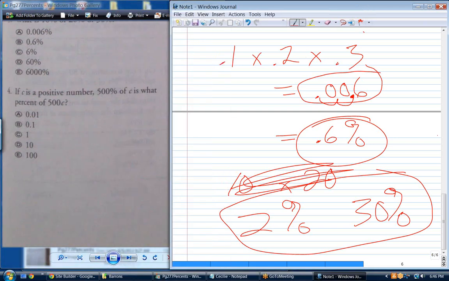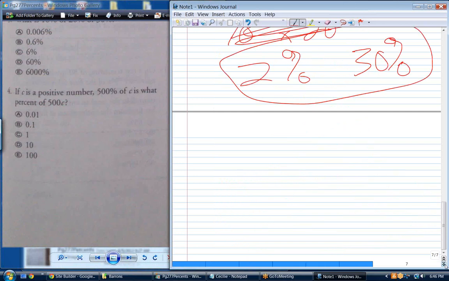Number 4. If C is a positive number, 500% of C is what percent of 5C? Oh, I don't know. Can't you just take a positive number, picking a number? Yeah. Picking numbers should work. So what number are you going to let C be? I don't know, 100?